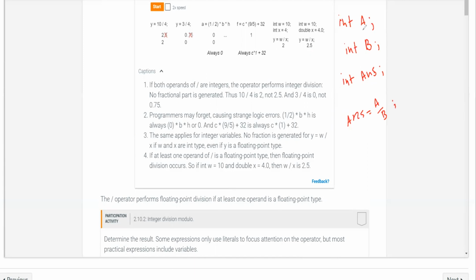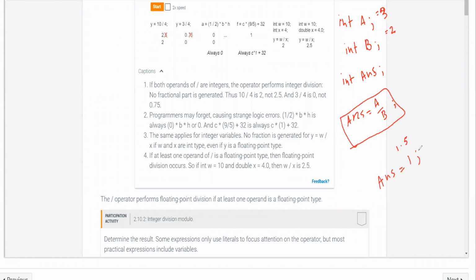For example, if this one is 3 and this one is 2, your answer should be 1.5.